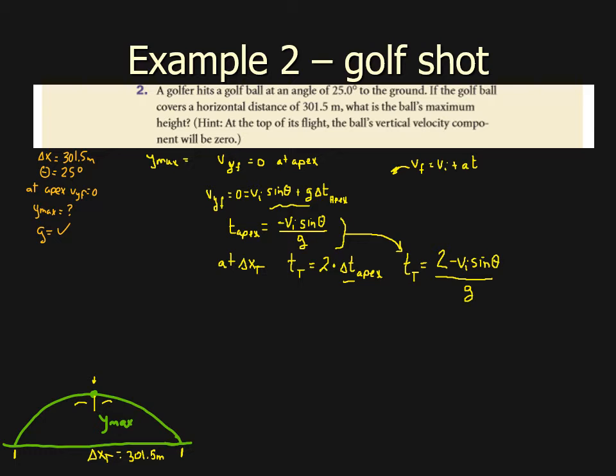Okay, with also delta x, what do I know about delta x? Well, I know that the total range is equal to the initial velocity multiplied by the cosine of the angle multiplied by the total time. So I know that. Well, I can actually now make a substitution because I have a total time substitution.